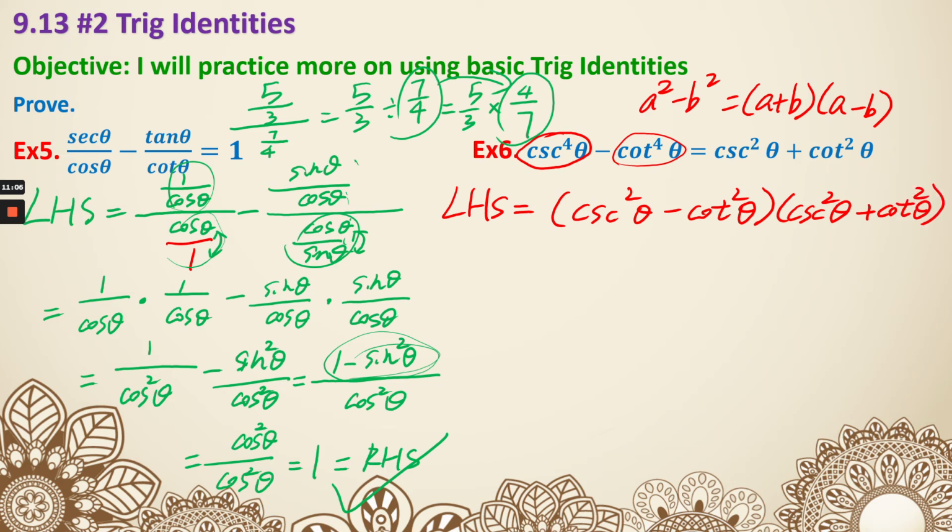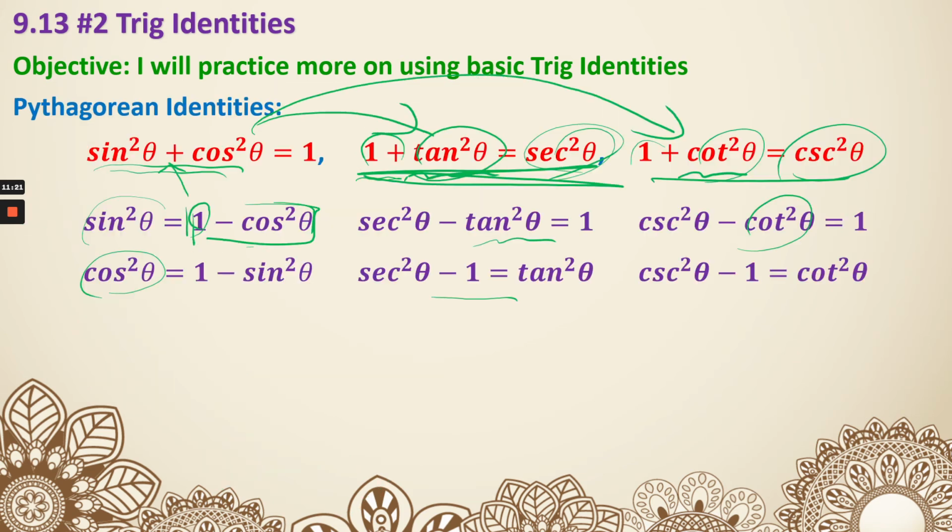Now you might be wondering, why is it squared? Why is it not just a regular? Well, because it was 4th power. The square root of 4th power is squared. Next, if you have a look at all the identities we have written down, even including the rewrites, it's right here. There's one that involves cosecant squared and cotangent squared. They subtract each other, which actually gets you a 1.